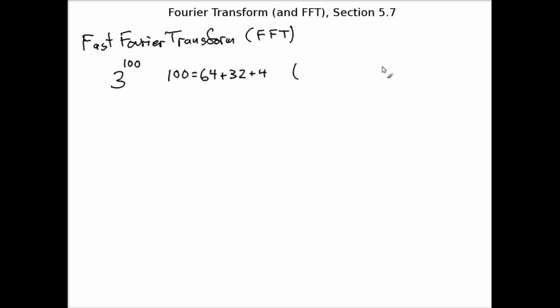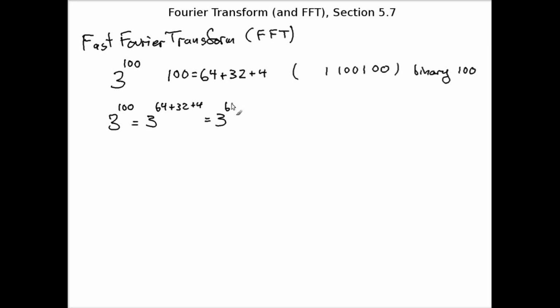That's 1, 1, 0, 0, 1, 0, 0. That's 2 squared, and then 2 to the 5th and 2 to the 6th. That's the binary representation of 100. And so you say 3 to the 100 is 3 to the 64 plus 32 plus 4.